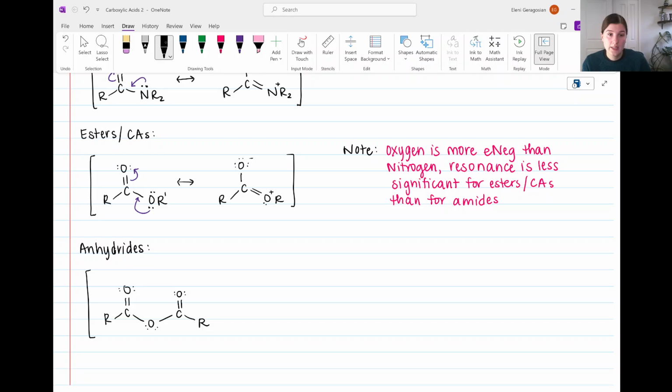And so the oxygen between the two acyl groups can donate electrons in either direction toward one of the carbonyls. So let's say it donates electrons this way towards this carbon and breaks that pi bond. So now we have negative oxygen, positive oxygen with one pair of electrons now, and then our carbonyl over here.